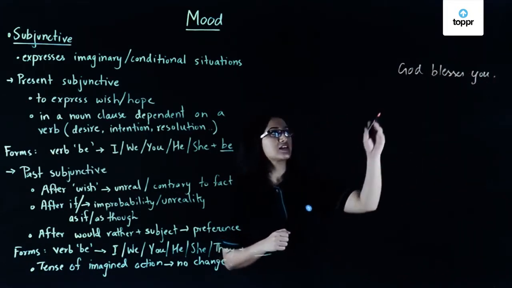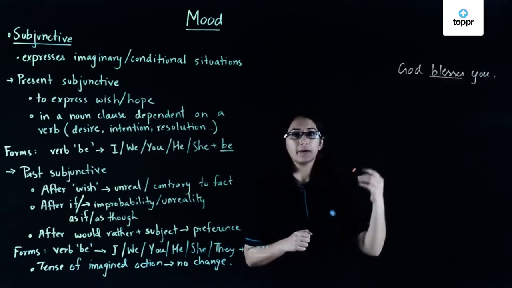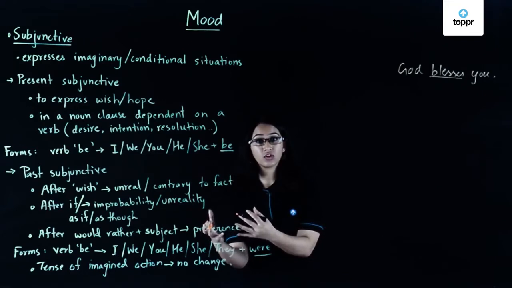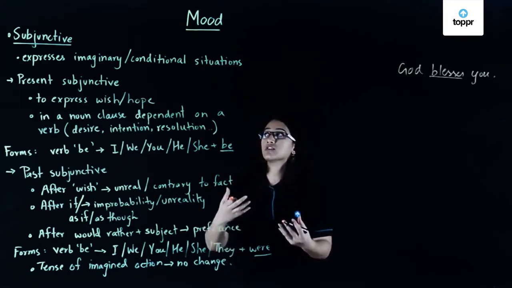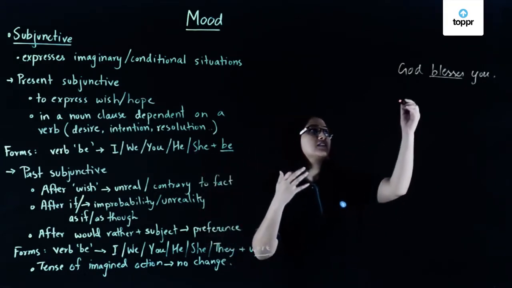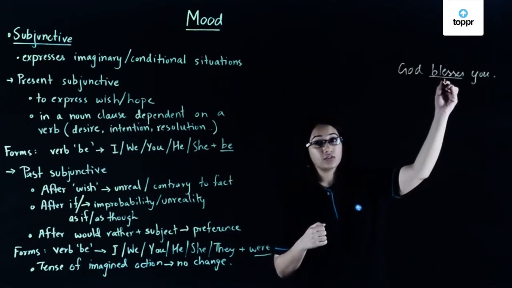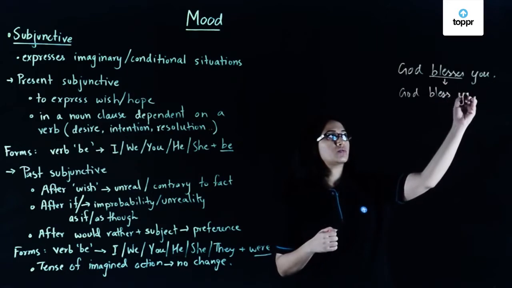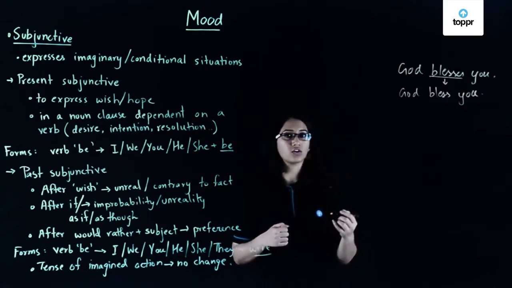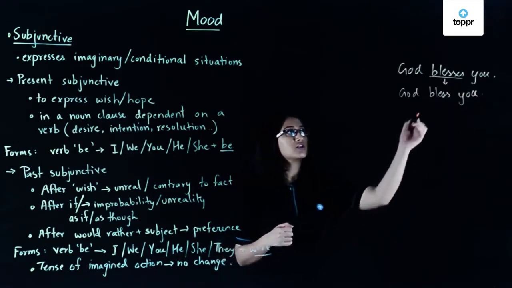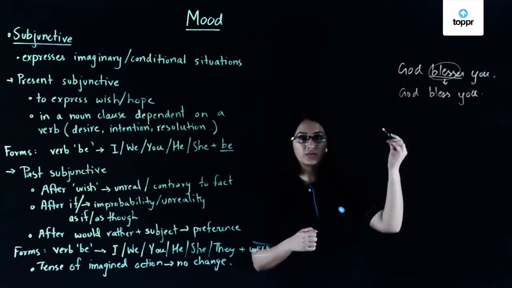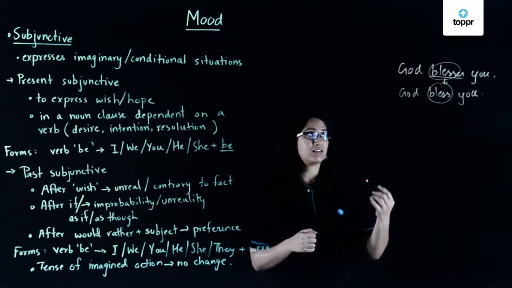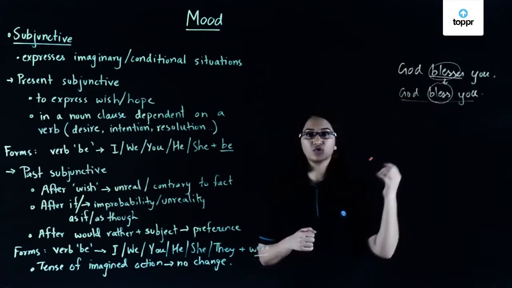Now normally we say God blesses you. But if we want to change it to the subjunctive mood, where we're talking about an imaginary or a conditional situation, then we use a different form of the verb. We say God bless you. So here we are actually changing the normal form of the verb that we use, and we're using the base form of the verb, or bless. So this is then in the subjunctive mood.